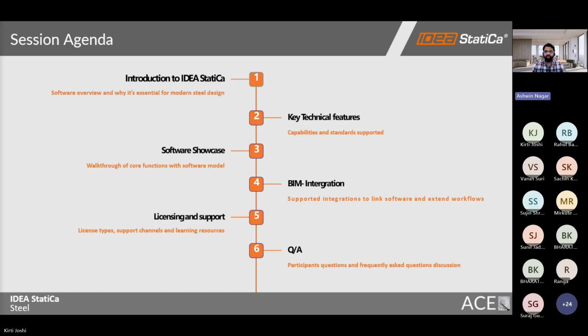And we'll show you how IDEA StatiCa handles real connection design scenarios. We will also touch upon the BIM integration and how the software connects with other structures tools to streamline your workflow. Towards the end, we'll briefly cover licensing support options and finally open the floor for all the questions from you all.